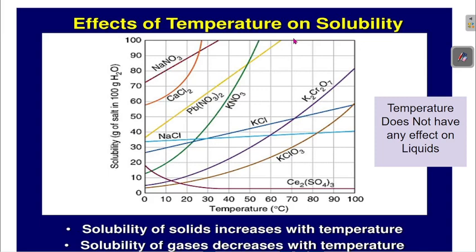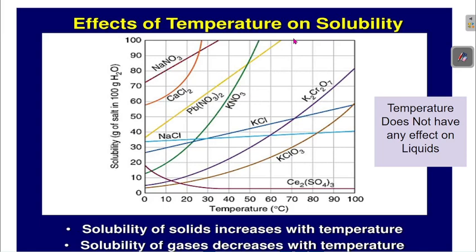You're increasing the ability of that liquid to penetrate the solid and pull molecules apart. That translates to more solid being able to dissolve in that liquid. You have increased the solubility of that solute in that liquid by giving it energy. Okay?